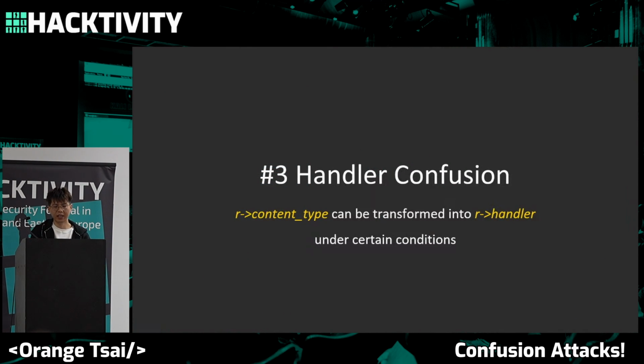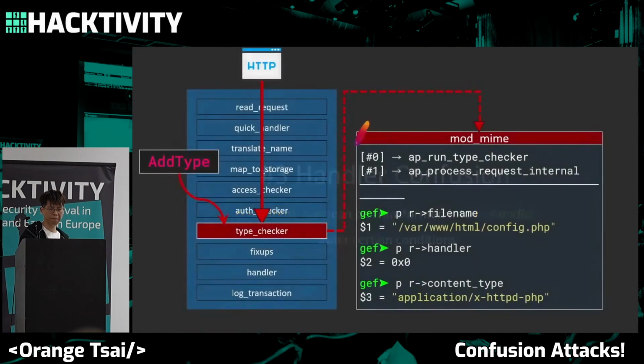So our third attack is all around this behavior. Sometimes the content type can be converted into the handler in the Apache HTTP server. So how could it go wrong? Let's give you something fun first. Imagine that your server is running PHP using AddType.